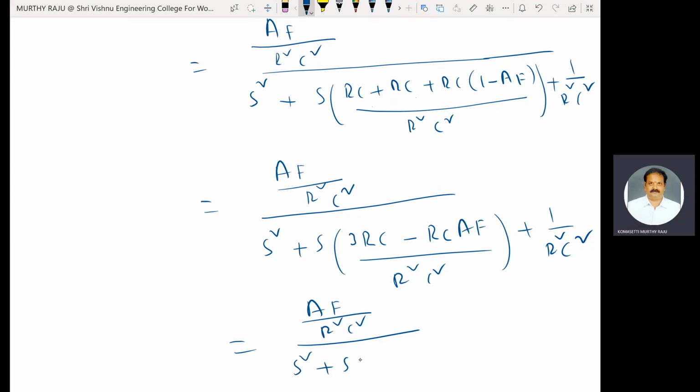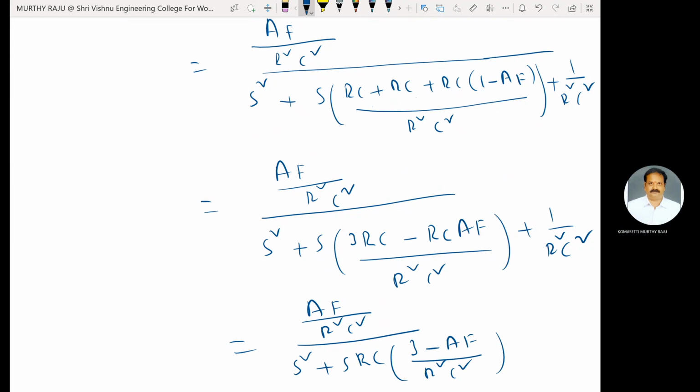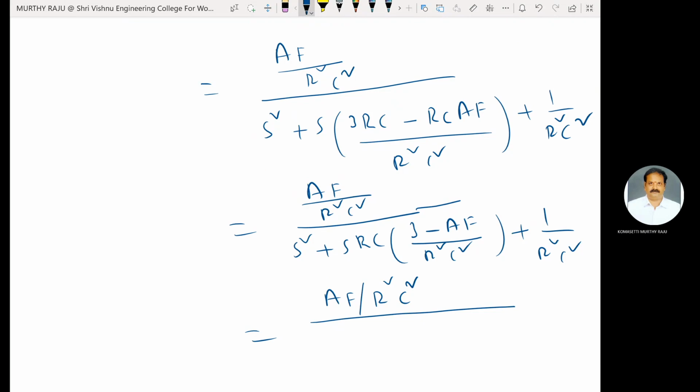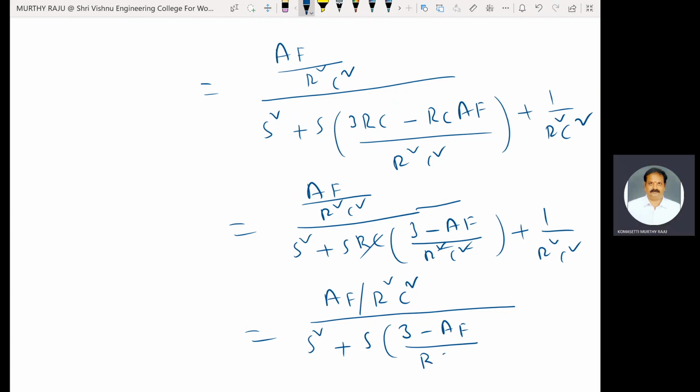S square plus S into RC is the common term, 3 minus AF by R square C square. Therefore, AF by R square C square by S square plus S into 3 minus AF by RC plus 1 by R square C square.